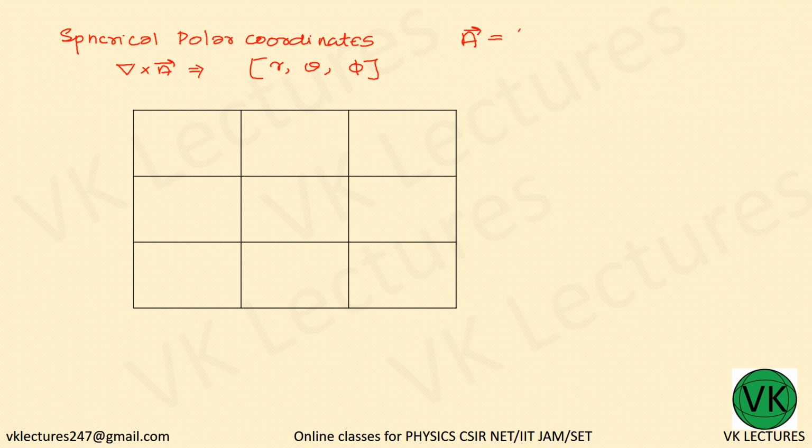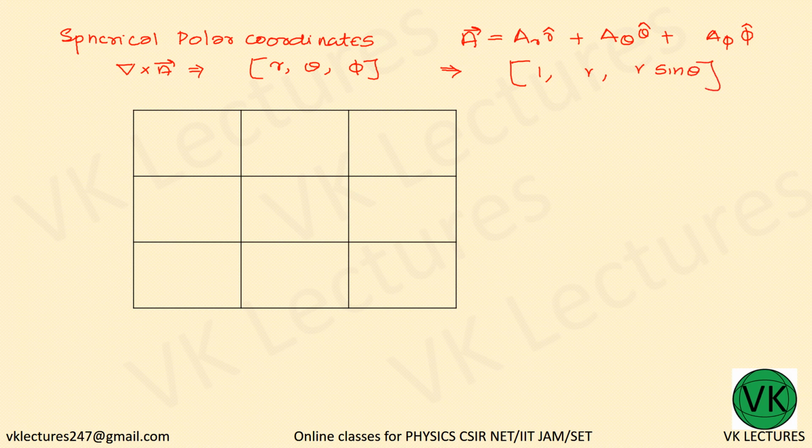So A equal to Ar into r cap plus A theta into theta cap plus A phi into phi cap. Now what are the metric elements corresponding to r, theta and phi? Metric elements are 1, r, r sin theta.